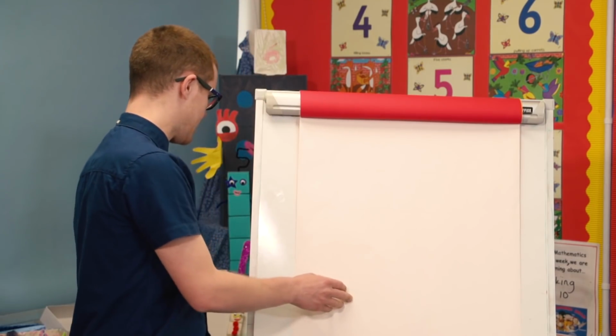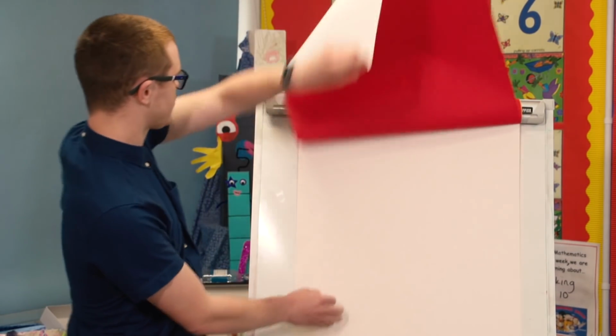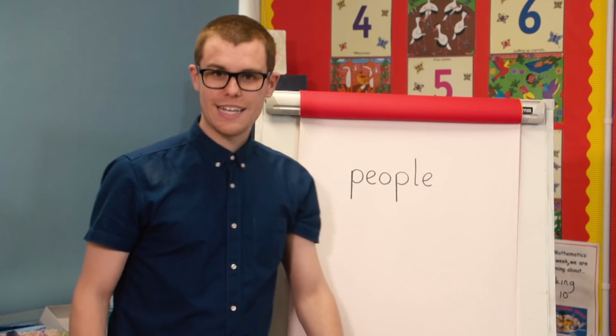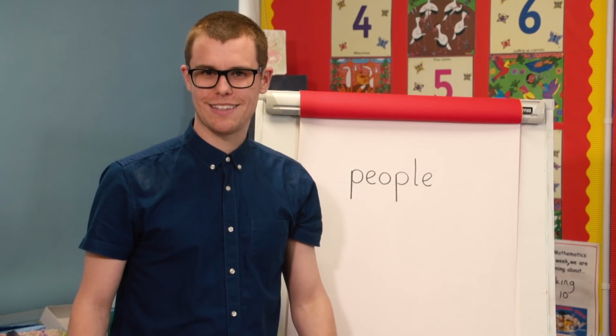The letters E and O say E. And the letters L and E on the end say L. Write them down. Let's check our spelling. Did you get it right?